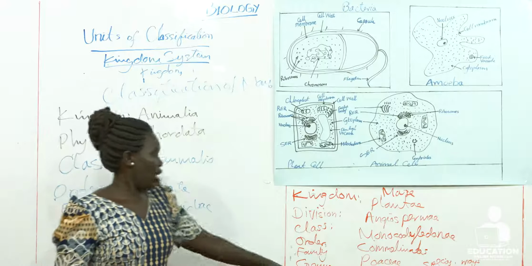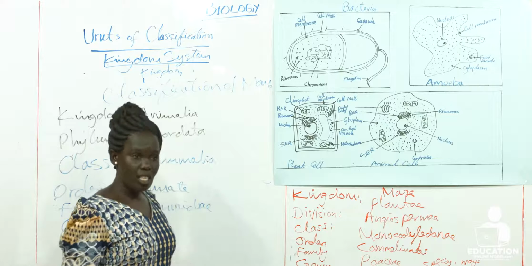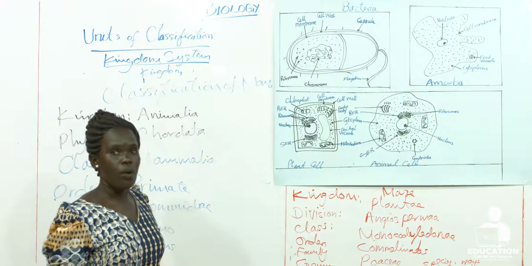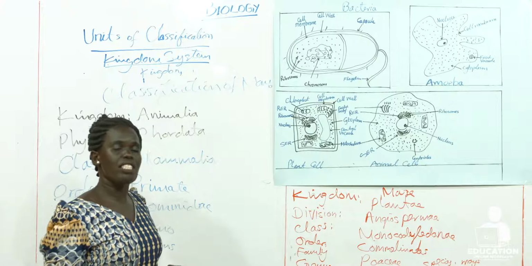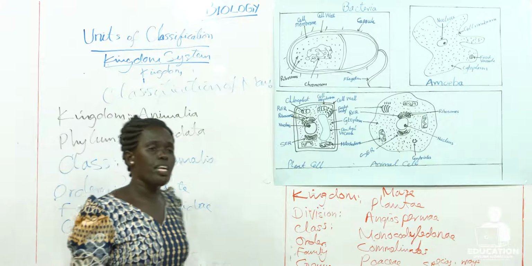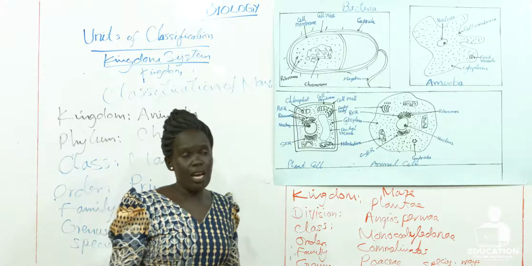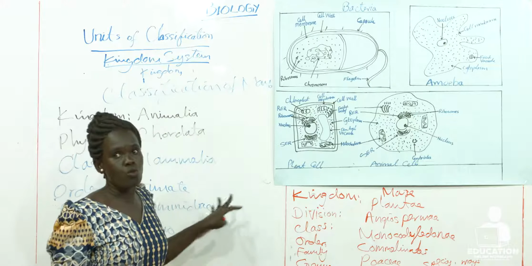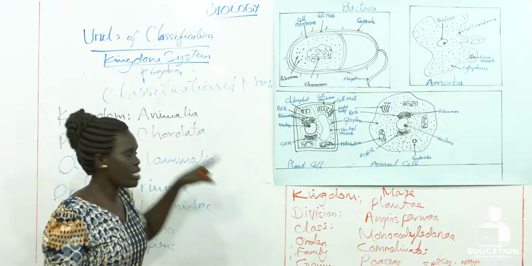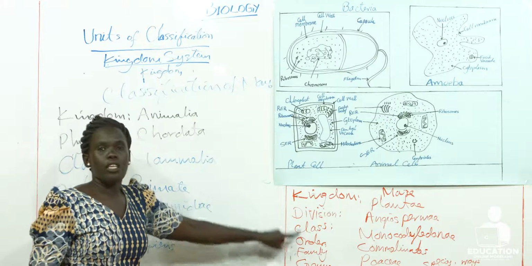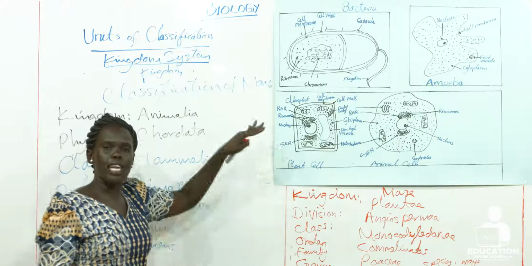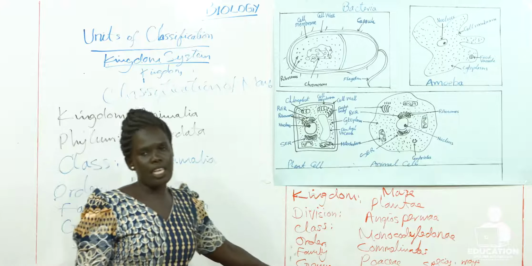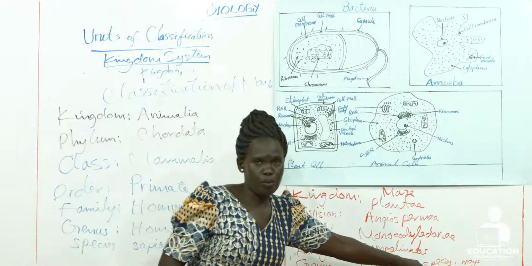So up to here, we are done with our lesson of today, where we learned about the units of classification and we explained the kingdom system, and I gave some examples of how to do the classification using the units of classification, starting from the largest one, kingdom, and ending with the smallest one, which is species.